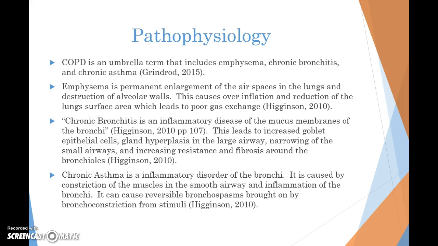Chronic asthma is an inflammatory disorder of the bronchi. It is caused by the constriction of the smooth muscles in the airway and inflammation of the bronchi. It can cause reversible bronchospasms brought on by bronchoconstriction from stimuli. This stimulation causes the release of chemical mediators such as histamine and prostaglandin.